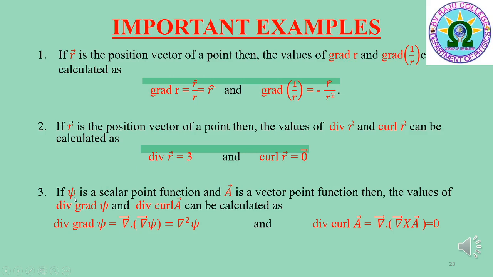The third example is, if psi is a scalar point function and a bar is a vector point function, then the values of div grad psi and div curl a bar can be calculated as div grad psi is equal to del bar dot del bar psi is equal to del square psi, and div curl a bar is equal to del bar dot del bar cross a bar, that is equal to 0.